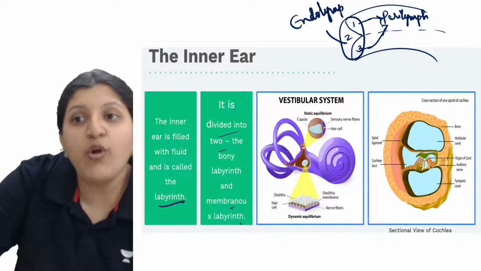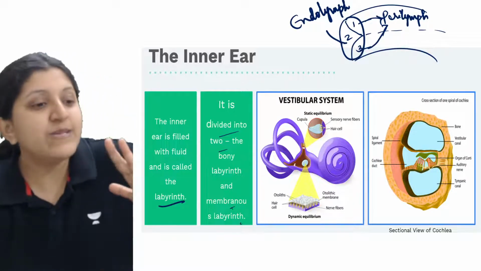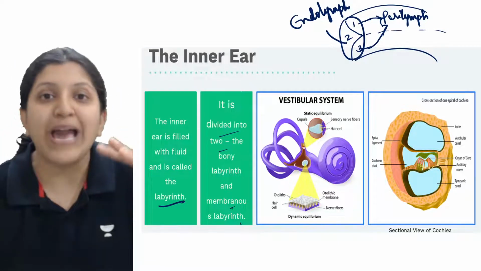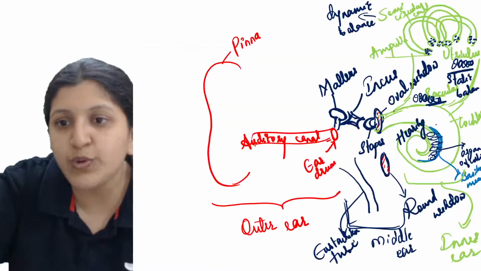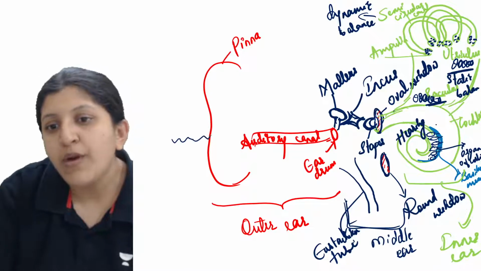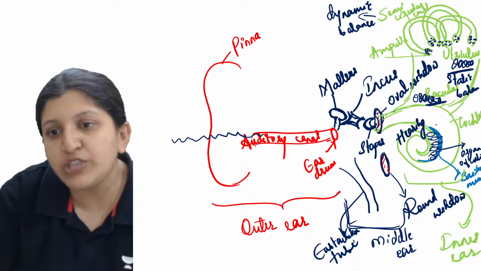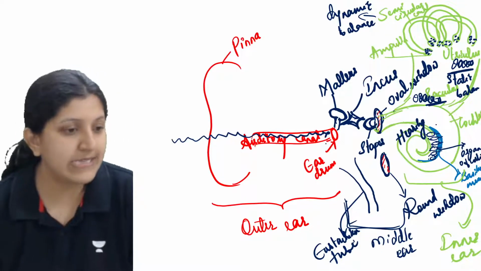The working of the ear, based on the sound waves that enter, is that a kind of vibration is set up in the fluid. Let me explain it with the diagram. As soon as the sound wave reaches the pinna, it reaches the auditory canal and hits the tympanum, that is, the eardrum.